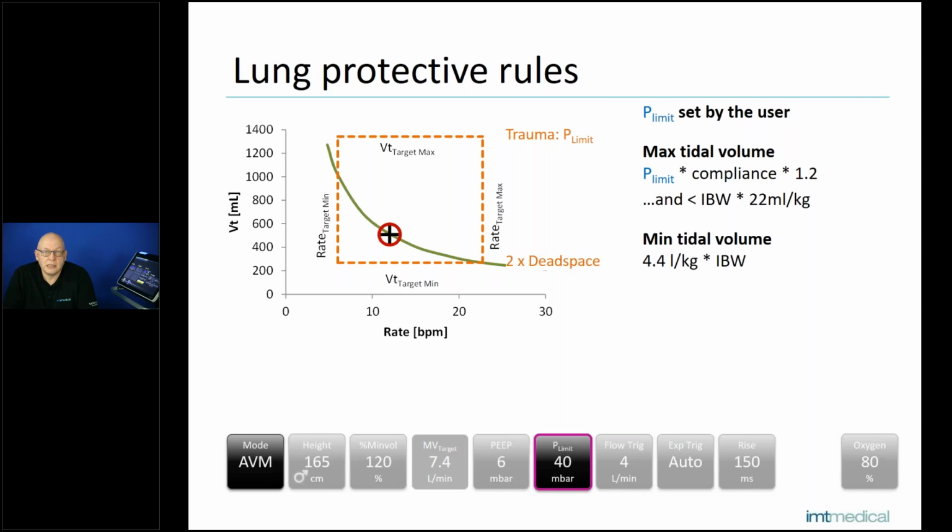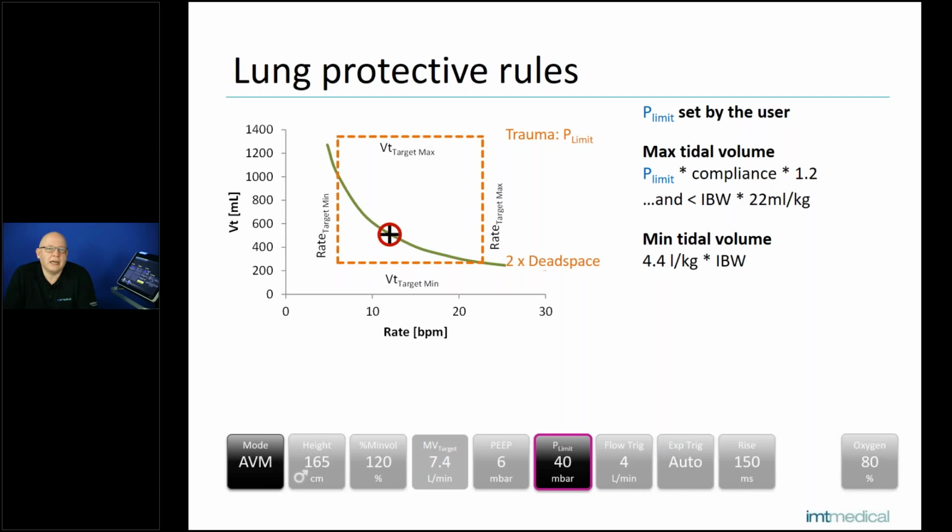The second one is the minimal tidal volume. At the beginning, we set in the height, and the height was also used to calculate the dead space. I have a 61 kilo patient, and the dead space is 2 milliliters per kilo. That means this patient has around 125 milliliters of anatomic dead space.